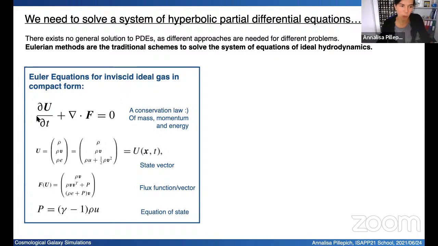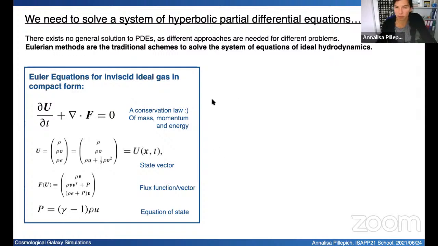This is the top one, okay? This is a conservation law of mass, momentum, and energy, because everything is written in the form of this big U, which is the state vector. It tells you the state of the gas at a given time, and the dynamics is determined by the flux vector. Okay, this is how to write it.